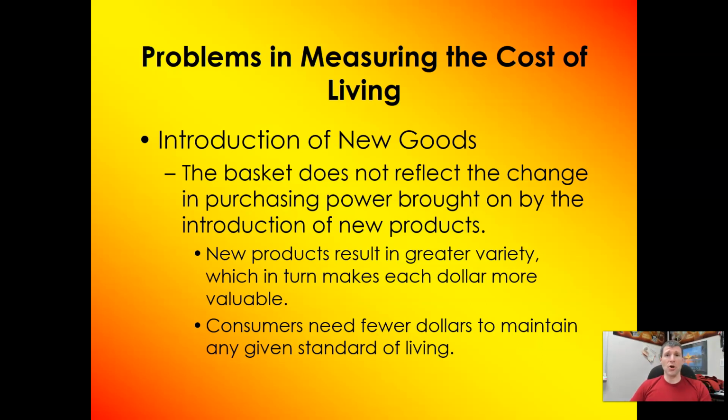So if consumers are buying new things that just flat out didn't exist before, maybe it was smartphones at one point, maybe it was PCs at one point, or 3D printers, those things that consumers might be buying are not included in the CPI because it's a new thing. And if you include too much new stuff, then CPI is not going to be good for comparison purposes. You got to keep the market basket relatively constant.